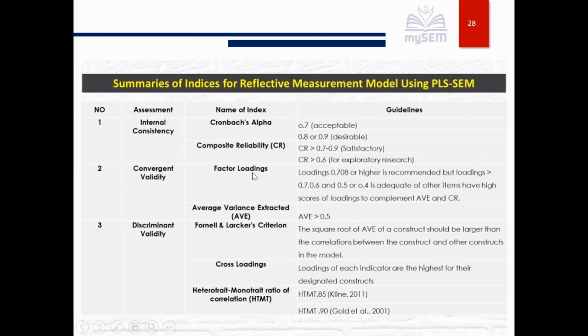In convergent validity, you have to check the factor loading, and the accepted value should be greater than 0.708, and you have to check that the AVE value should be greater than 0.5. In discriminant validity, you can check all, but in my PhD thesis I used two: the Fornell and Larcker criterion and also the HTMT ratio.